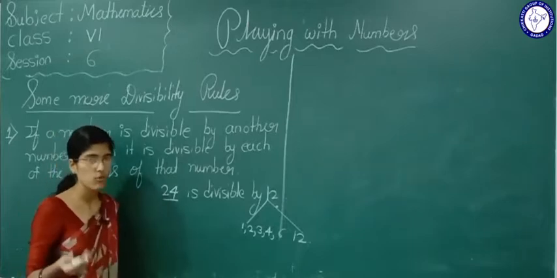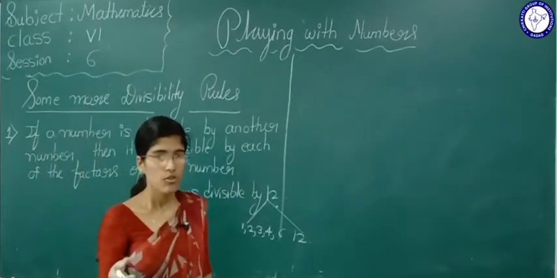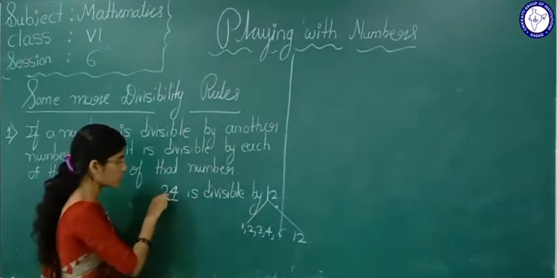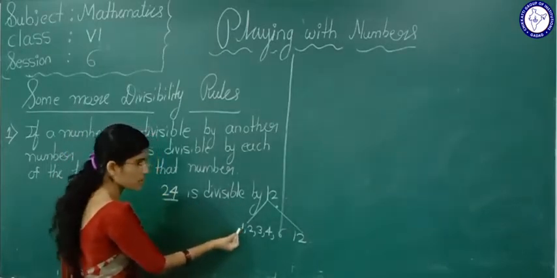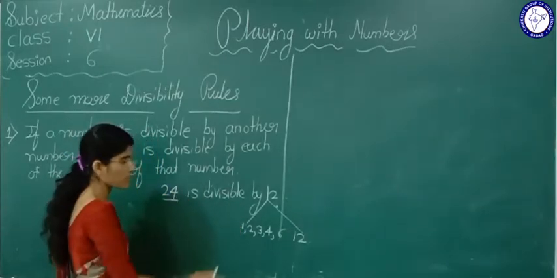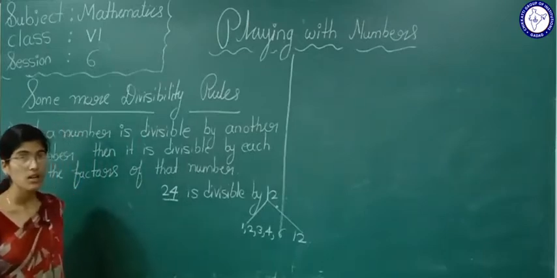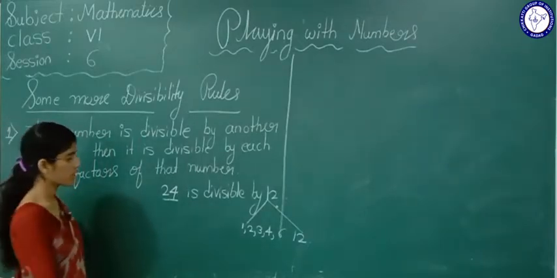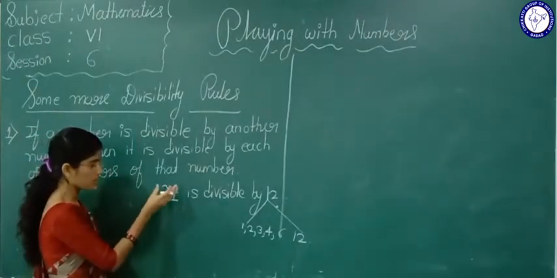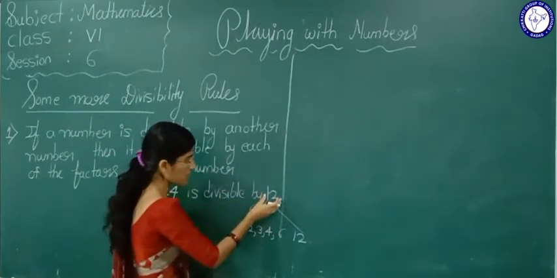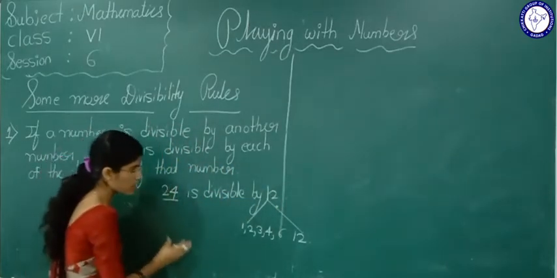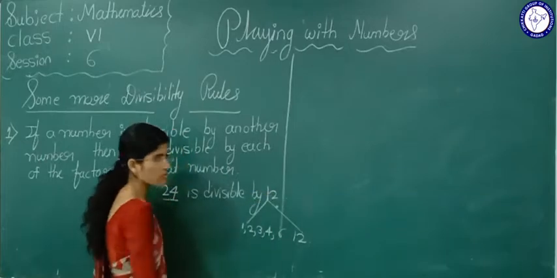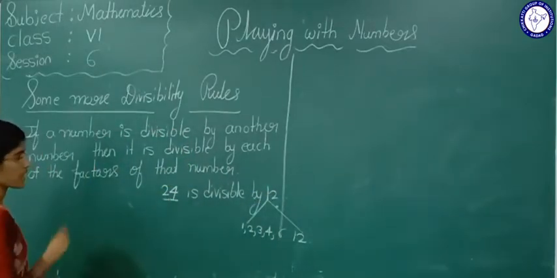Don't get confused about what ma'am is telling about divisible. 24 is divisible by 1 means when you divide 24 by 1, you are going to get the remainder 0. When a number is divisible by any number, the same number is divisible by the factors of that number also. This is one example.